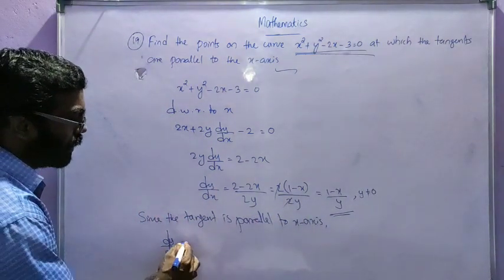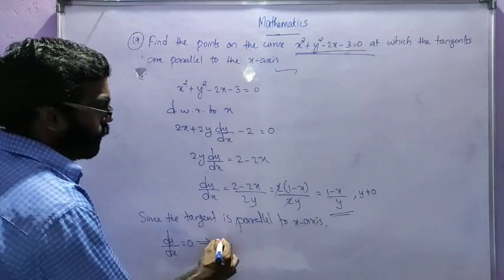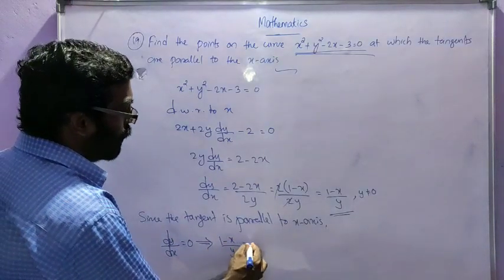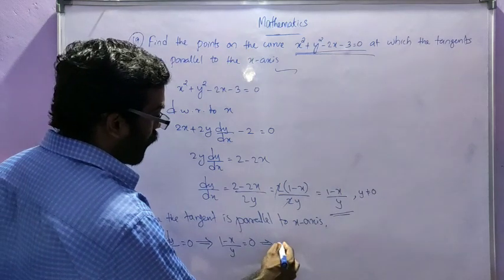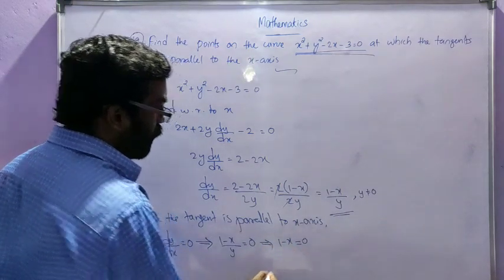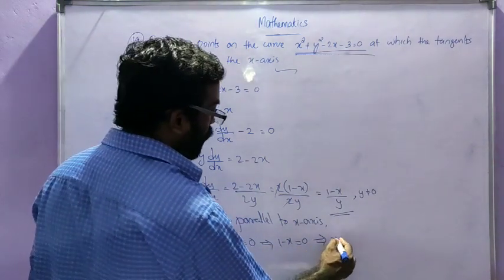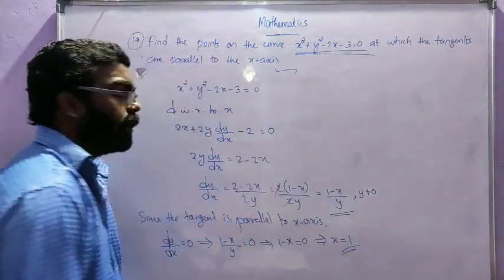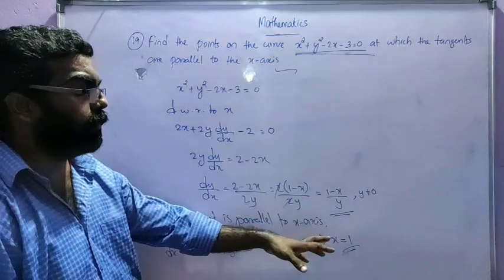That means the slope of the tangent is equal to 0, which implies 1 minus x by y is equal to 0, or we can write 1 minus x equal to 0 and x is equal to what? 1.